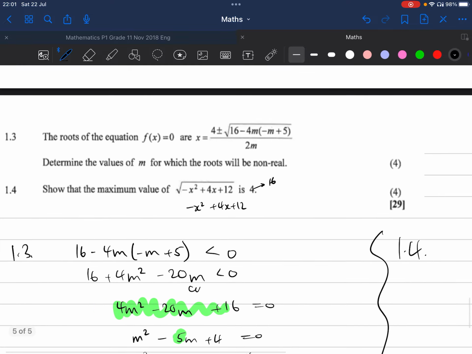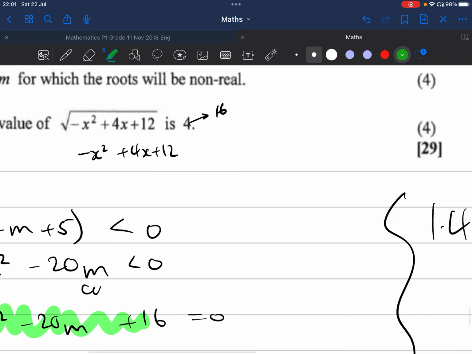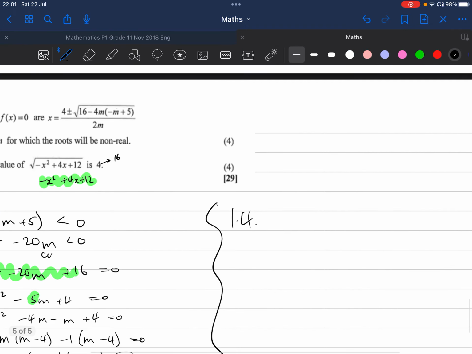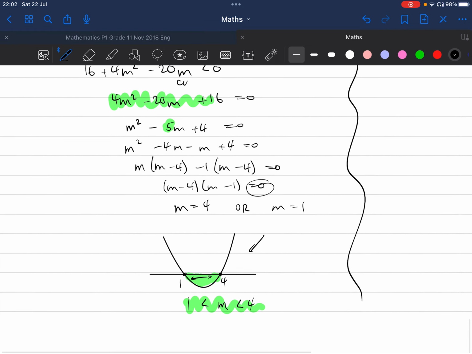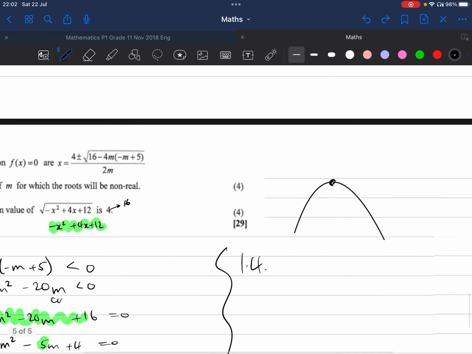Okay, so that's a bit easier to do because if you look at this now, this is just literally a downwards facing parabola. If we have a negative coefficient of x squared, that means it faces down, so there is a maximum value, right? An upwards facing parabola will have a minimum value, and a downwards facing one will have a maximum value.